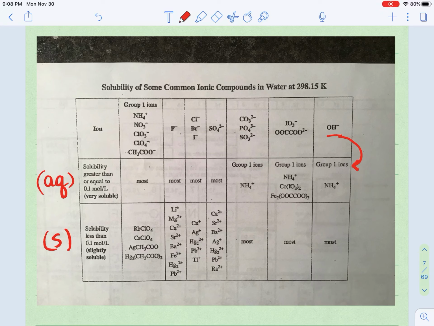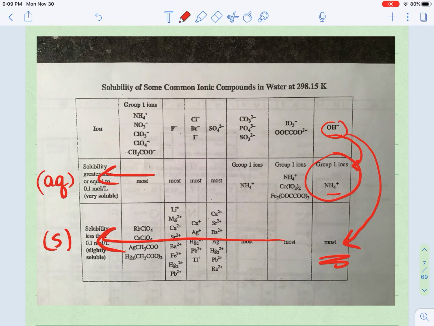But including lithium, sodium, potassium, that whole group 1 ion group, and ammonium, when it's with hydroxide, it would have the state aqueous. However, anything else that hydroxide is with, so most things, because only these make it aqueous, hydroxide with anything else would actually have the state of solid.